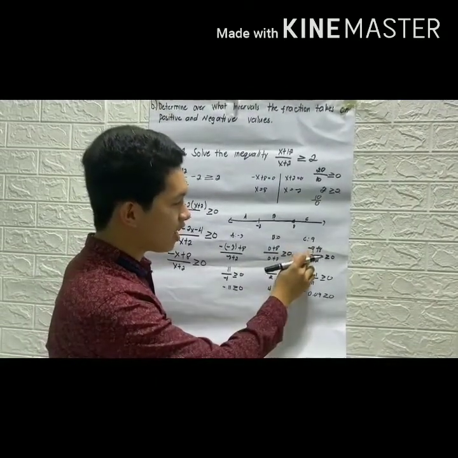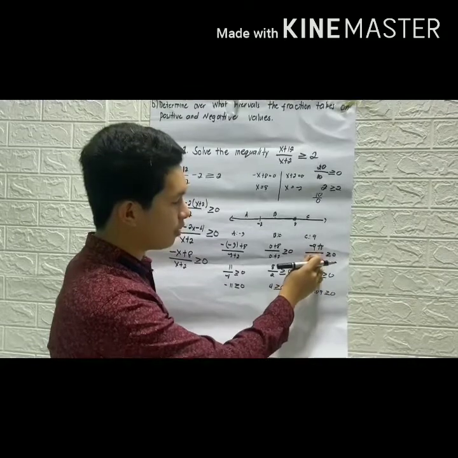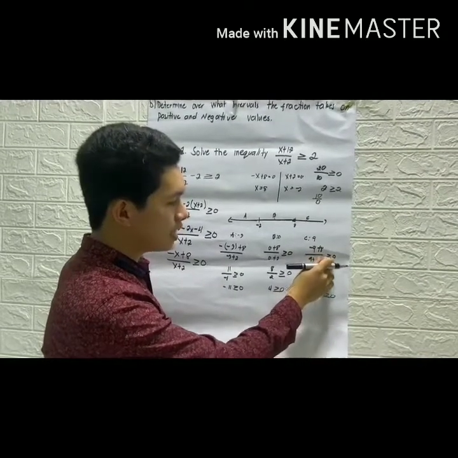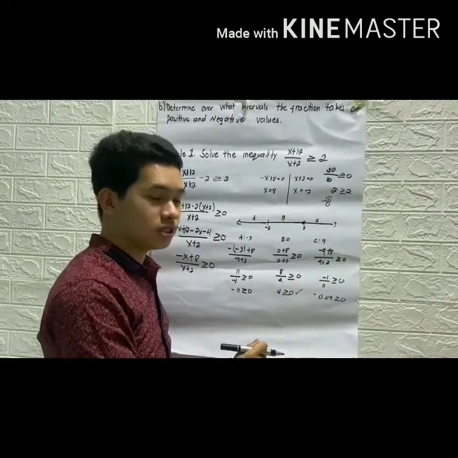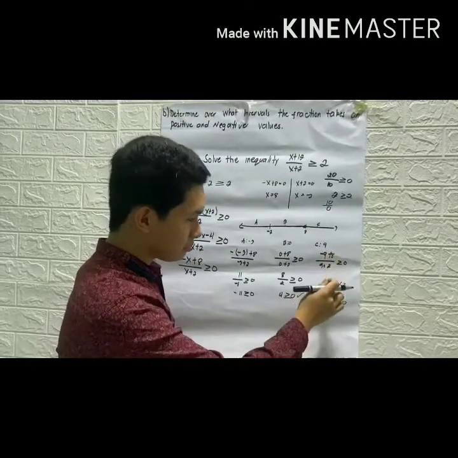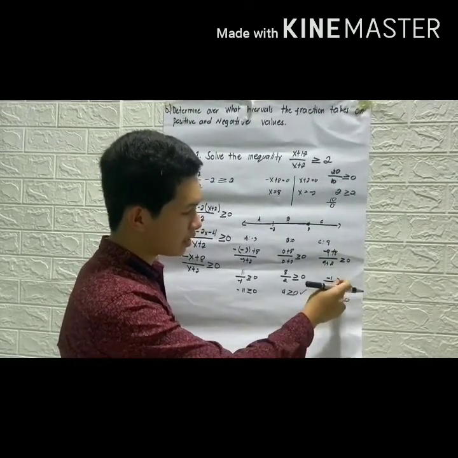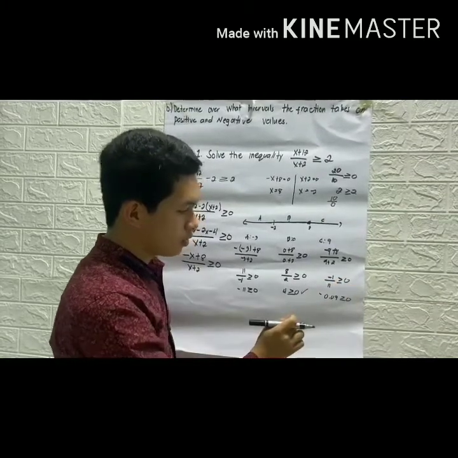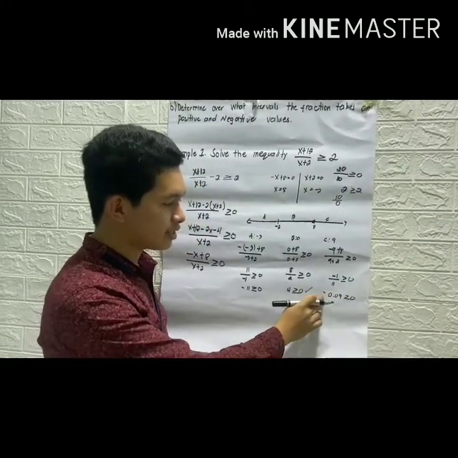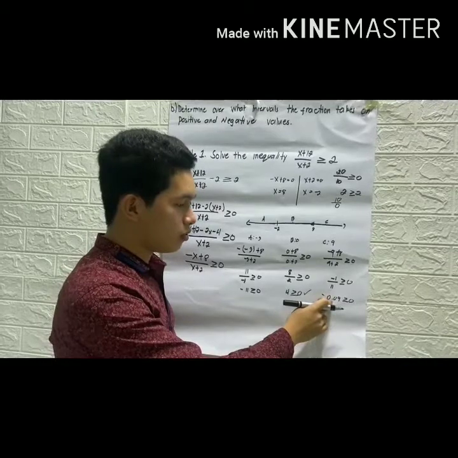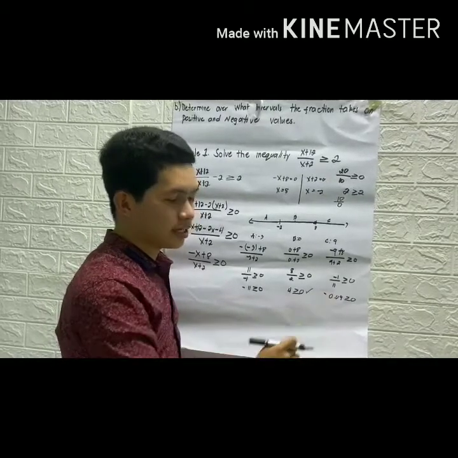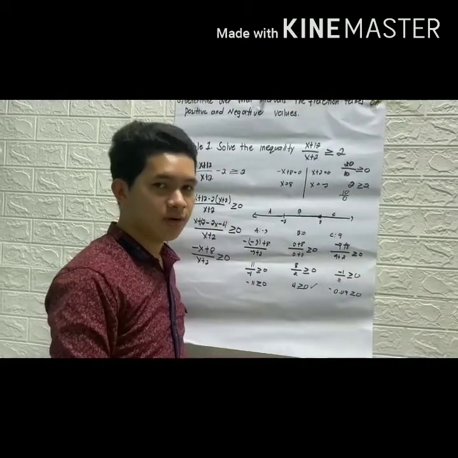So, negative 9 plus 8 over 9 plus 2 greater than or equal to 0. Then, that will become negative 1 over 11 greater than or equal to 0. So, the answer is negative 0.09 greater than or equal to 0.